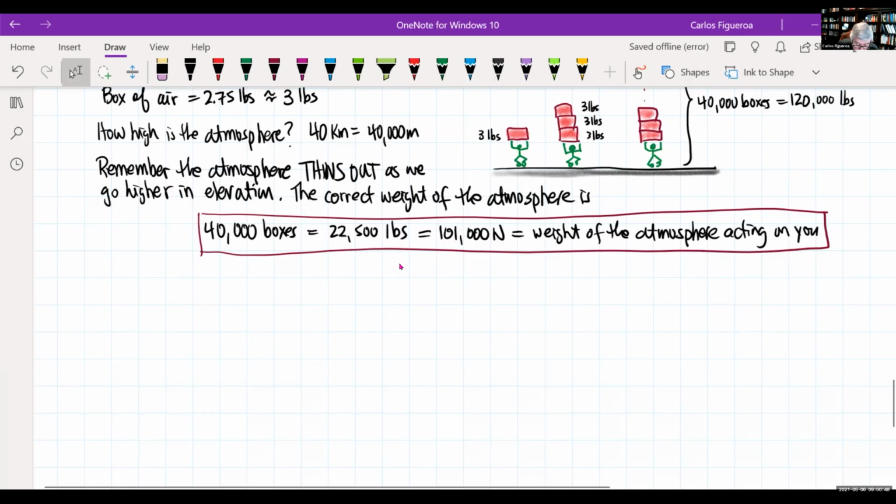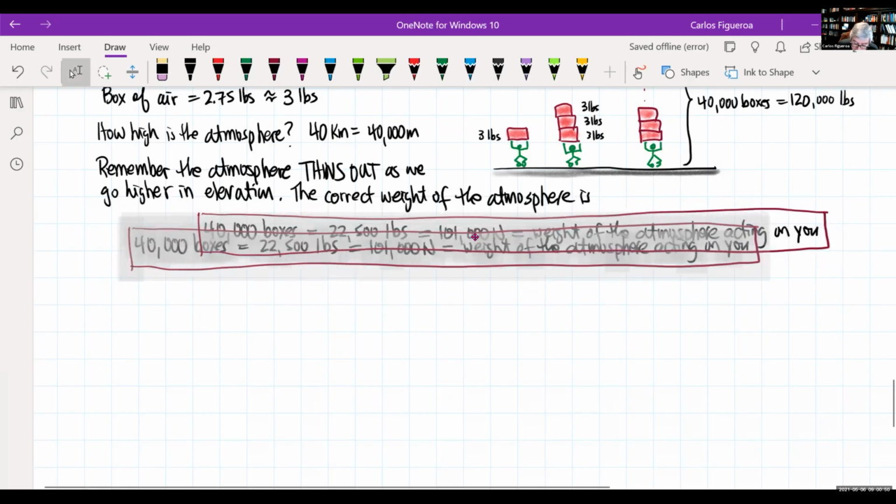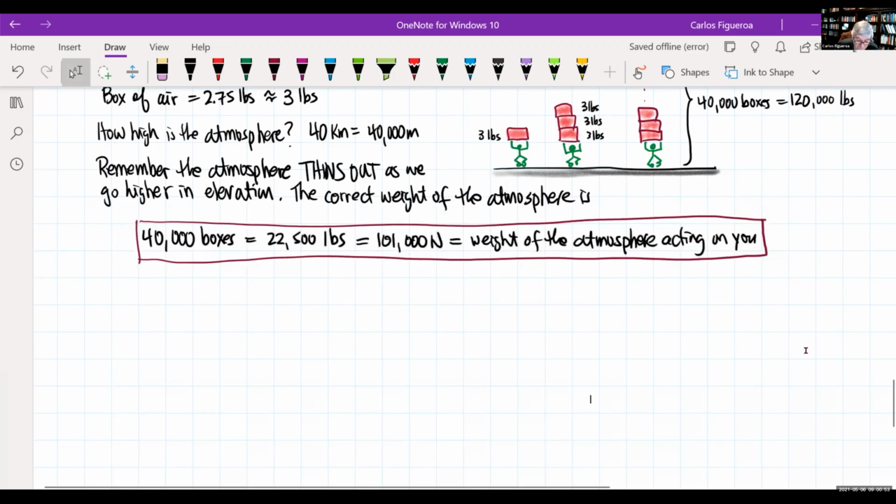So what we want to do here is define atmospheric pressure. So here we go. The definition of atmospheric pressure, which we define as P_ATM, where ATM are the first 3 letters of atmosphere.